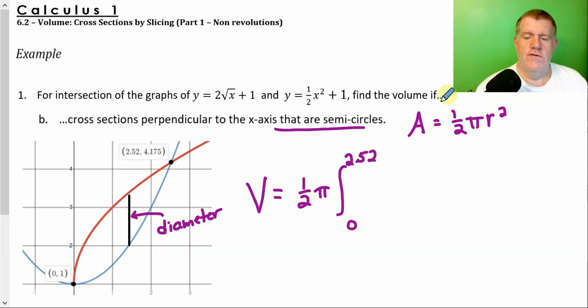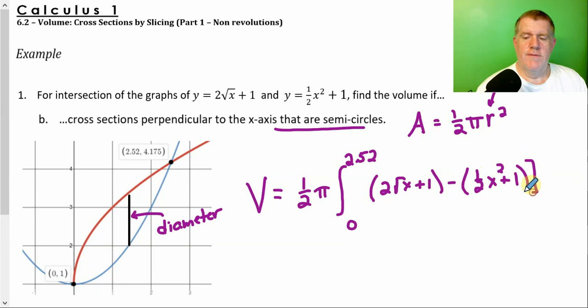I need to know the expression for the radius. Well, remember, if this is the diameter, the radius would be half of that. The diameter is the distance between these two graphs. So we've got to take the distance of those two graphs, divide it by 2, and then square it. Remember, our radius is going to be 2 roots of x plus 1 minus 1/2 x squared plus 1.